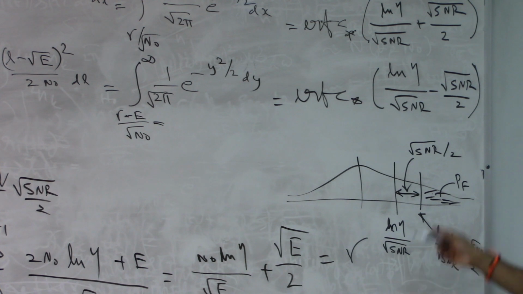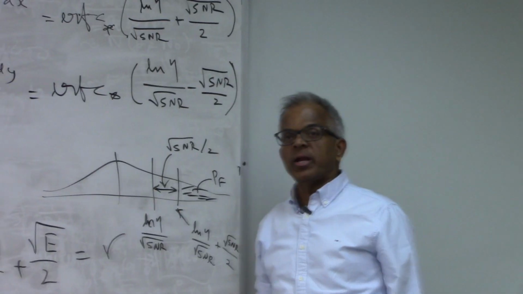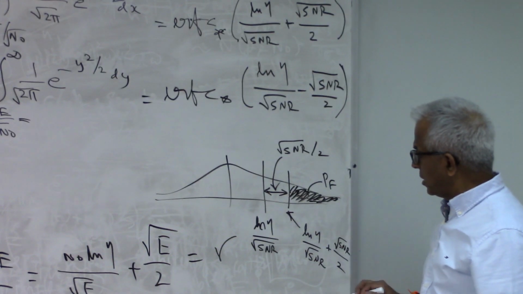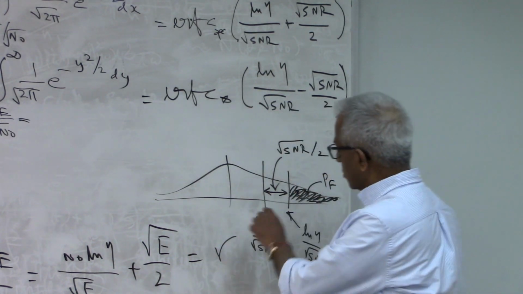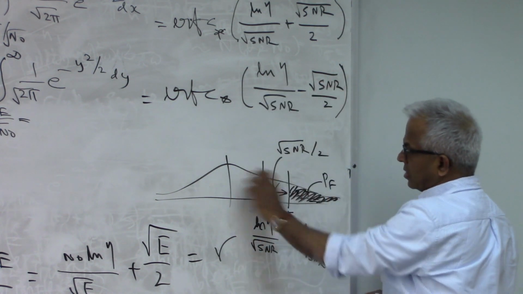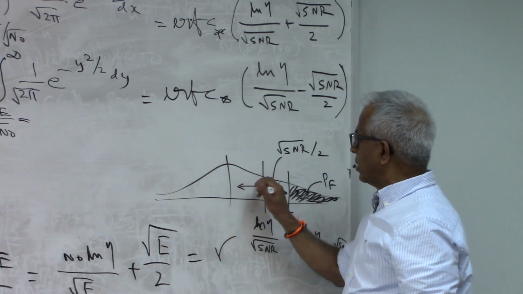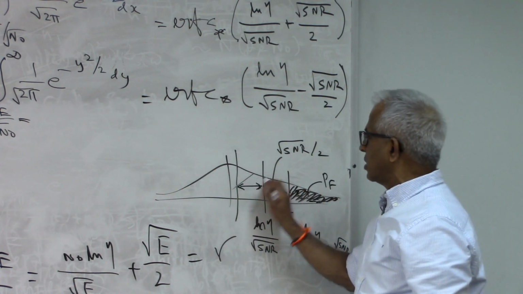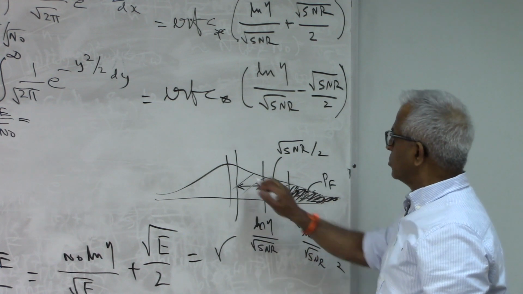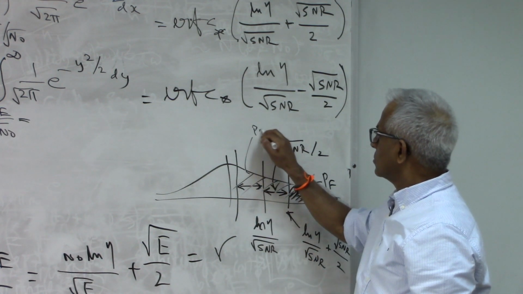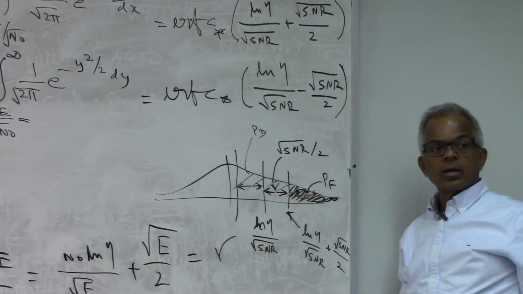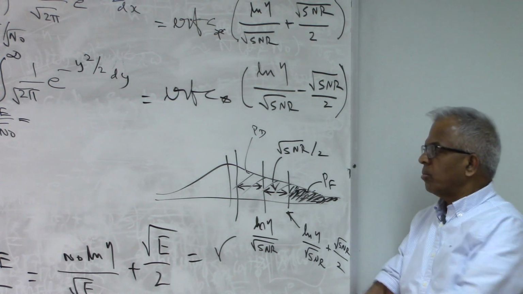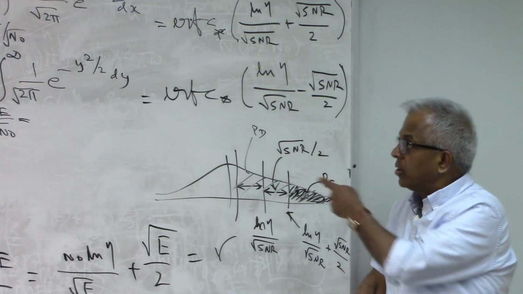So in this picture, where is PD now? This area is PF, so where is PD? From this point you have to go the same amount this way, and then this whole area, which I'm going to shade, becomes PD. So you can see PD is larger than PF, as it should be. How will you make PD larger and PF smaller?